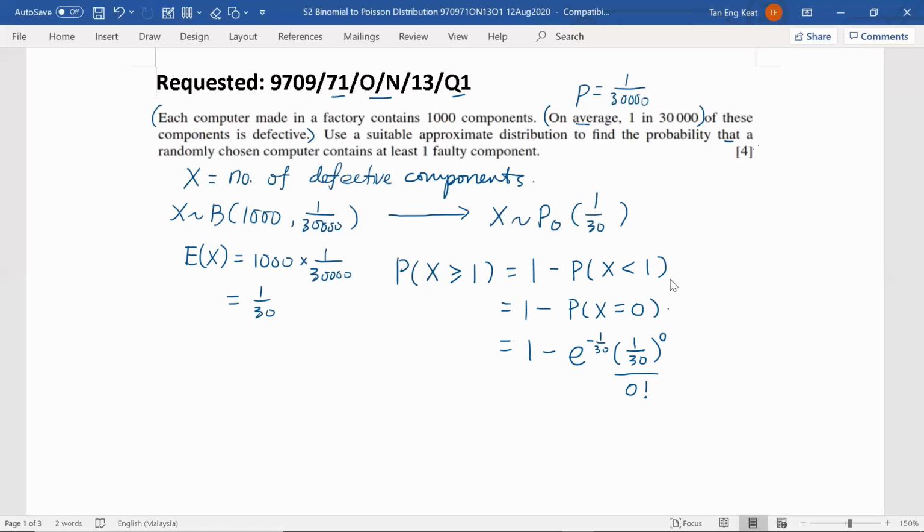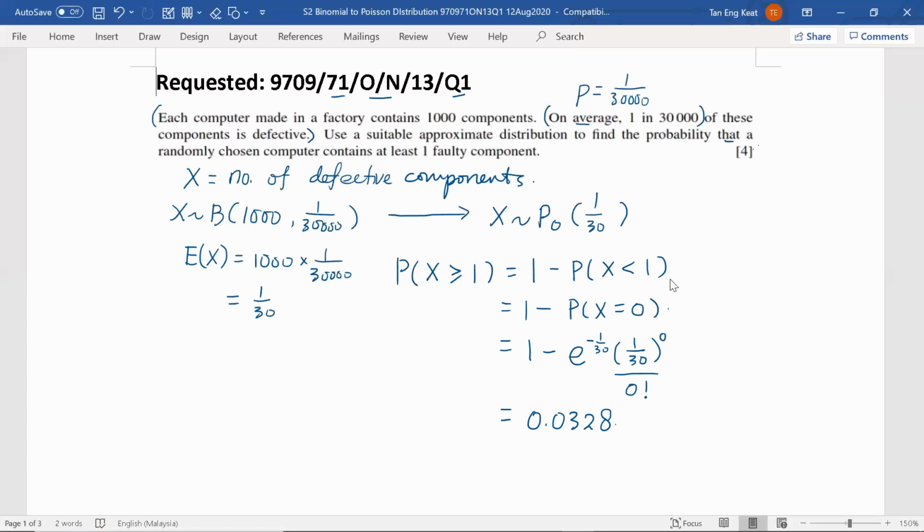The formula can be found in the formula list MF19. Hence, when we press the calculator, we find out the probability to be 0.0328.